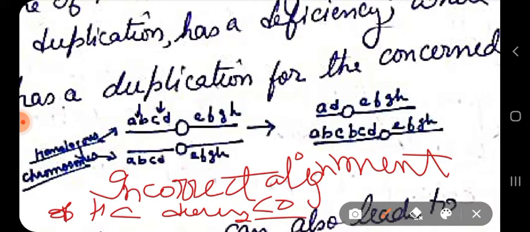So due to incorrect alignment or improper pairing or positioning of the segments of the chromosome during pairing of the homologous chromosomes, this type of duplications as well as deletions occur within the cell.